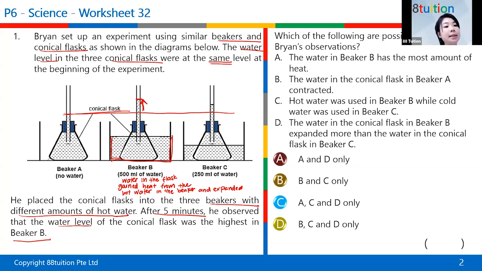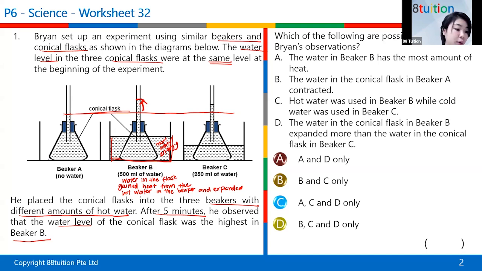So, Christina, is it the least or the most? Sorry, I can't hear you. The most. Yes, everybody, there was the most heat energy in the water in beaker B. Therefore, the water in the flask in beaker B gained the most heat, expanded the most, rise the most.